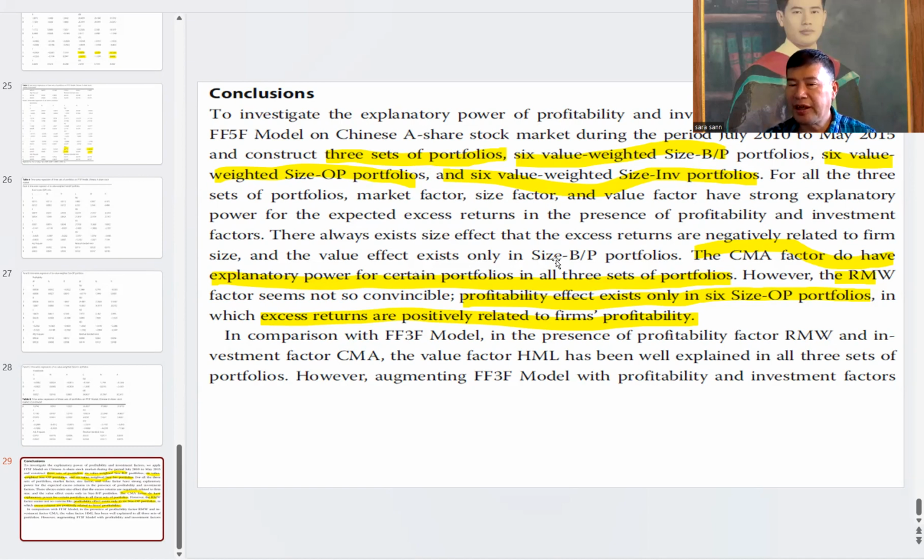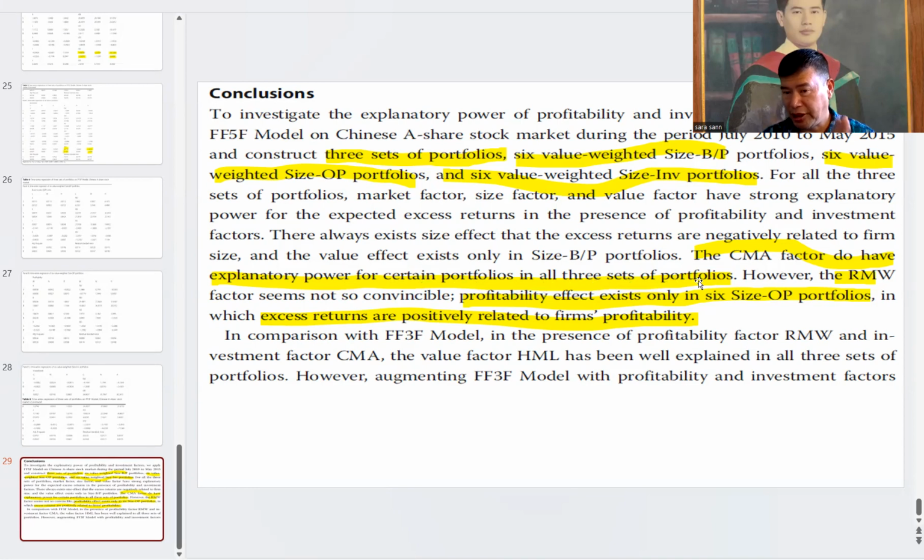The profit factor and the book-to-market value factor show the excess return going down, with a negative sign. However, the CMA factor does have explanatory power for certain portfolios in all 3 sets of portfolios.